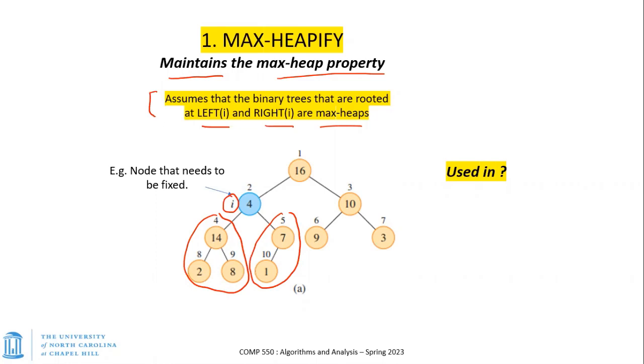So in bubble up, we're going upwards, but here we're saying that we are at a particular point and we're assuming that things are okay below. Okay, so which one of those two operations do you think max heapify would be used in? Or there could be a variety of operations where max heapify could be used.